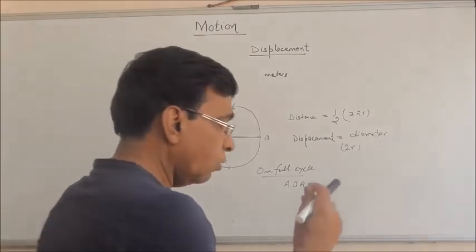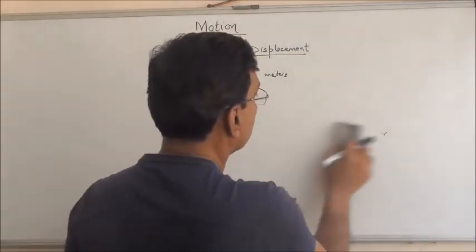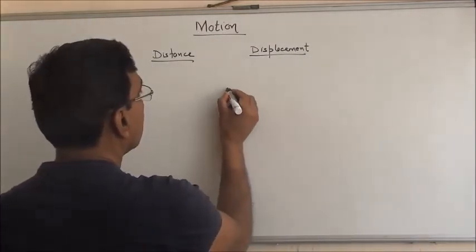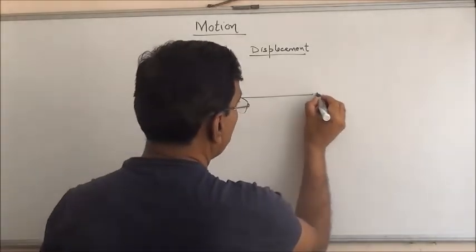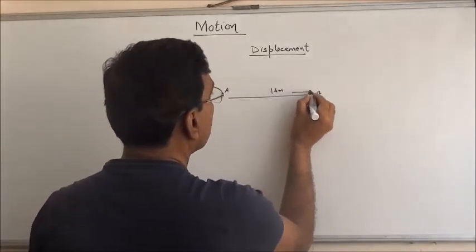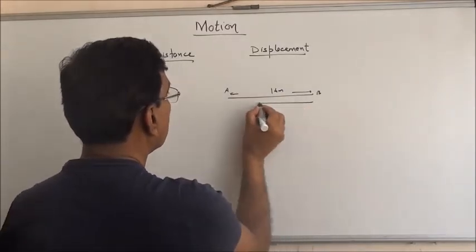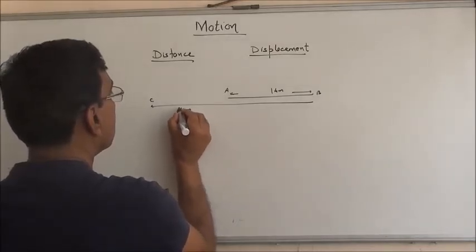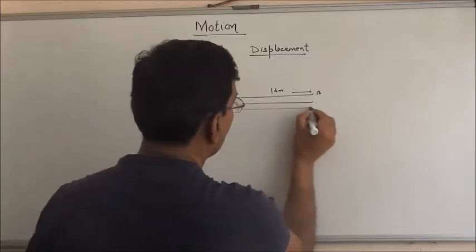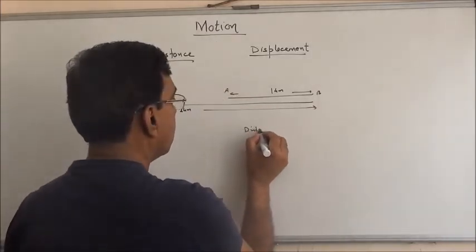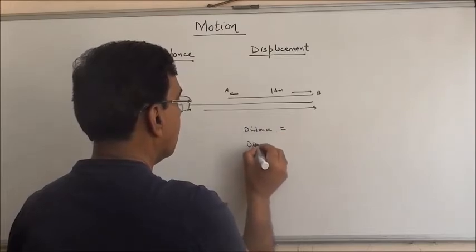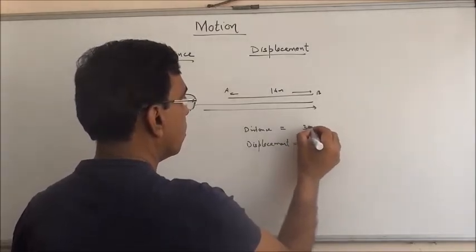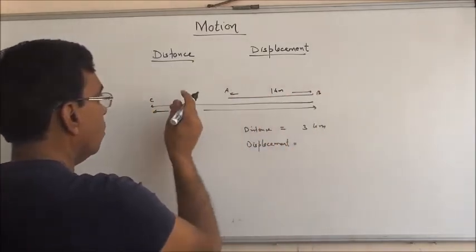Now another very important example. Suppose the body starts from here, it goes up to B, say a distance of 1 kilometer, and then it goes to C, and this is 2 kilometers. What is the distance and what is the displacement? Distance is 3 km, 1 here and then 2 here.